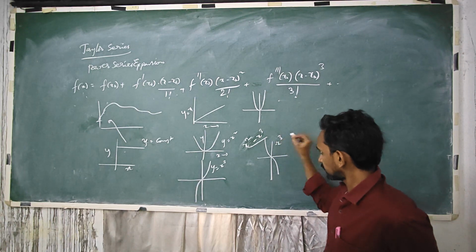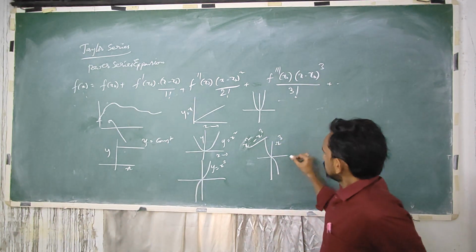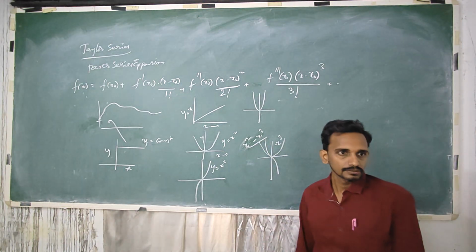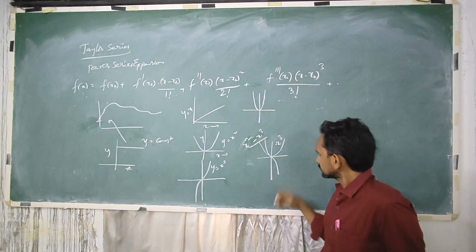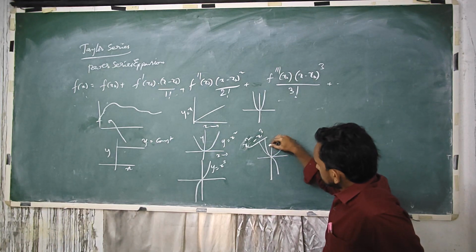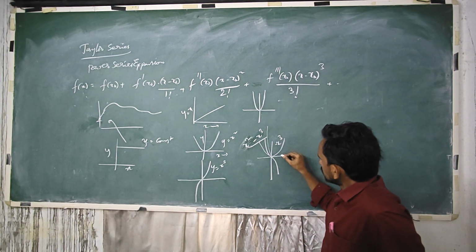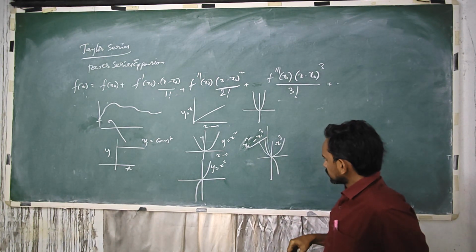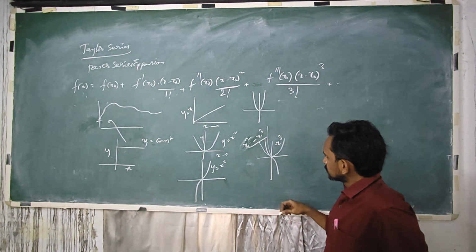This is minus x cube and this is x square. If you add both of them, what do you get? The sum of these two will be steeper, with a positive number and a negative number. The negative is rising quickly. So some combination.